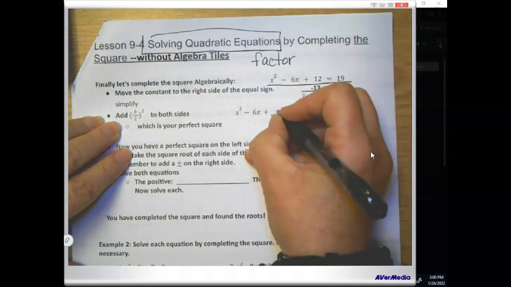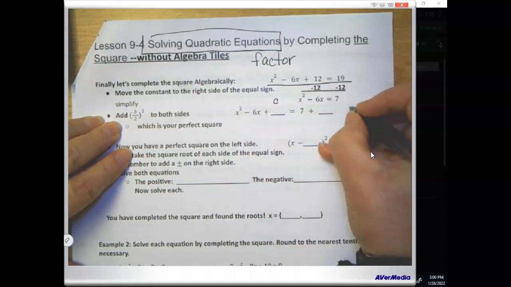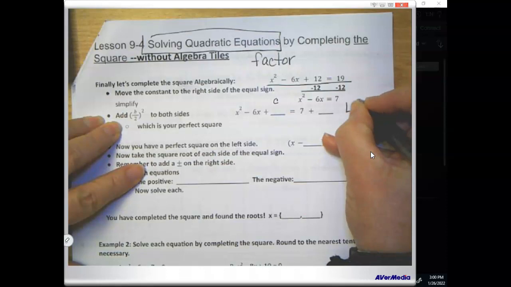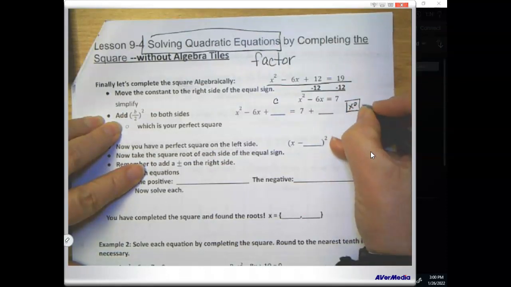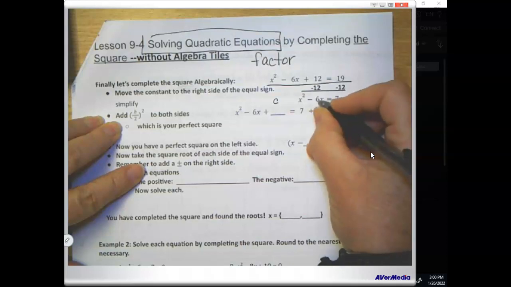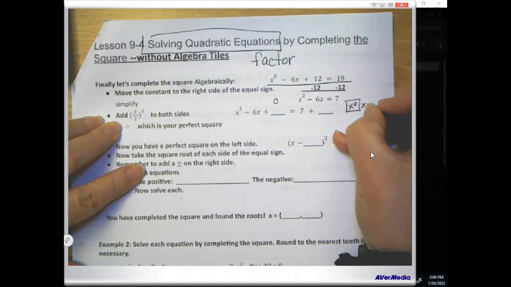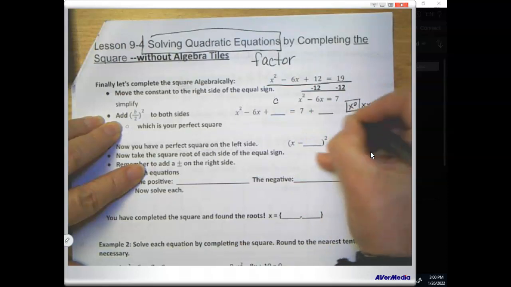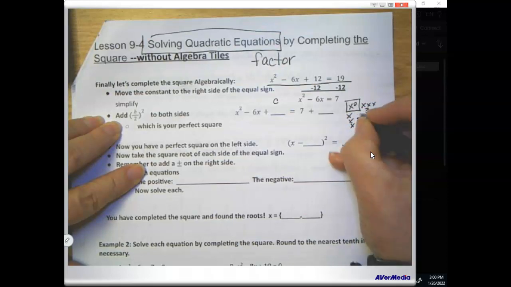Now I need to find our C by completing that square. So as we did yesterday, we have x squared, and how many x's do we need on each side so it's even on both sides? So x, x, x, or 3, x, x, x, or 3. And so these are important.